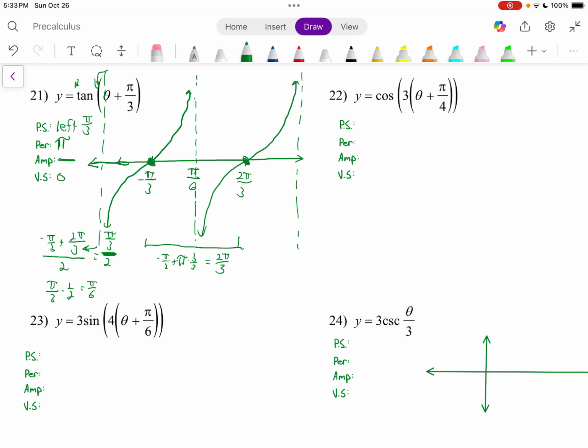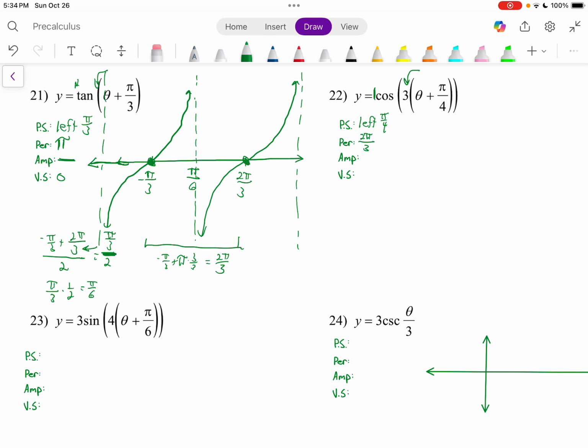Number 22, y equals cosine of 3 theta plus pi over 4. So we see the phase shift is left pi over 4. Period has to do with this number right here. So we take our normal period of cosine, which is 2 pi, divided by that number there, so divided by 3.